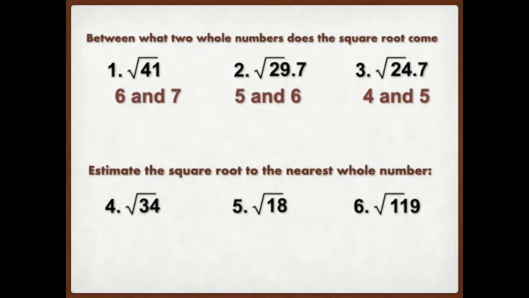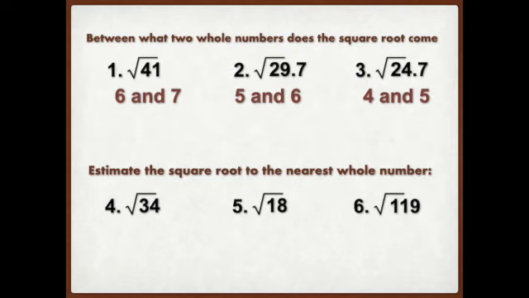Now, if I ask for the whole numbers, we wouldn't keep the square root of 36. We would figure out the answer to the square root of 36, and that is 6. So 6 and 7 are the whole numbers the square root of 41 is between.